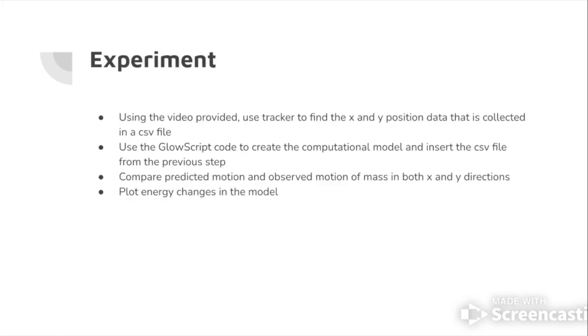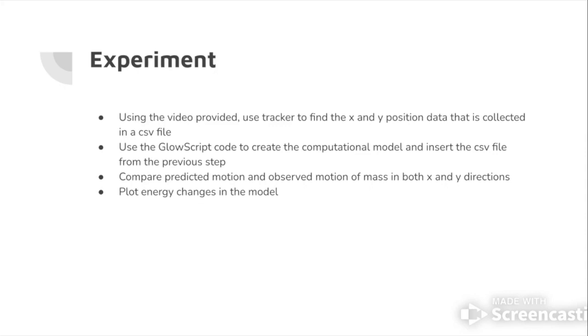So in this experiment, I used the video provided and uploaded it into Tracker to find the X and Y position data that is collected and then put into a CSV file. I tracked the movement of the object hanging on the spring to find these data points.